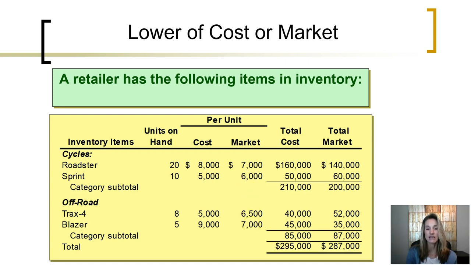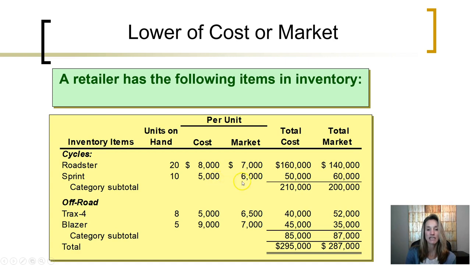So by extending these out, 20 units had been purchased at a cost of $8,000 each. Total cost of the Roadster inventory item, $160,000. The current replacement cost, or the current market value, is $7,000. 20 units at a current replacement cost of $7,000 each. The total market value currently is $140,000.